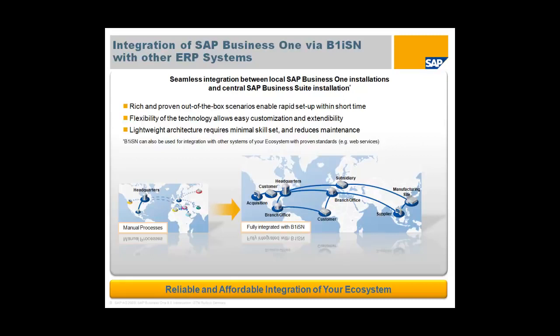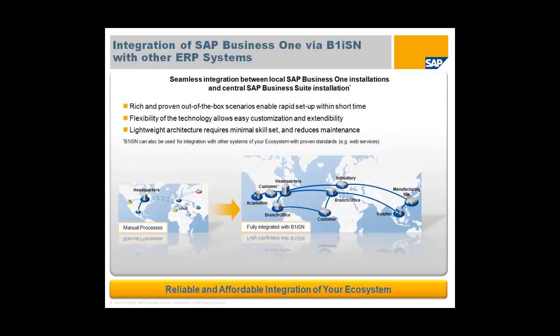It allows seamless integration between local SAP Business One installations and central SAP Business Suite installations, as well as providing a platform for integrating to other solutions. We provide rich and proven out-of-the-box scenarios that will enable you to rapidly deploy this solution within a short time.